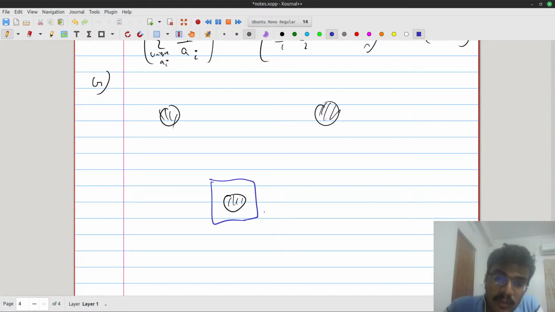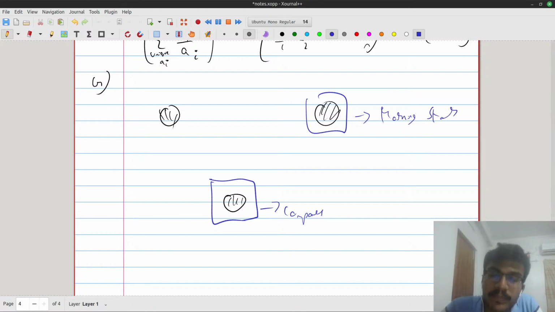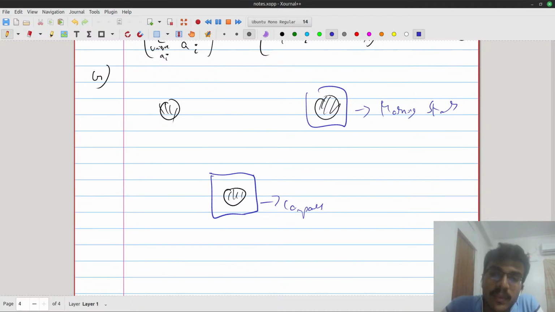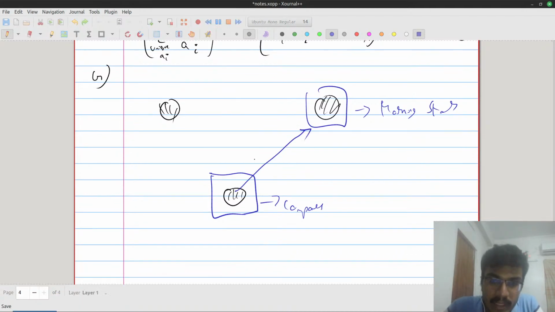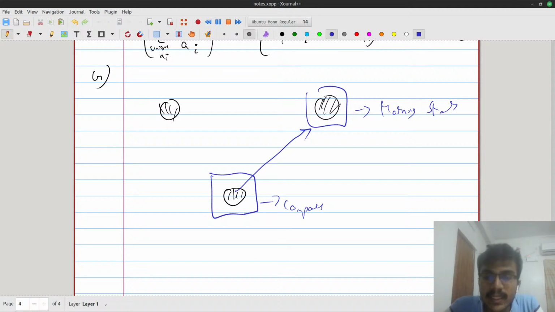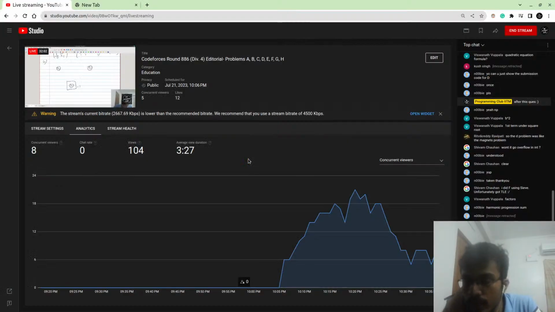So I will choose one of the points to be a compass, and one of the points to be a morning star. The compass points towards the morning star, so it has to point to one of the 8 cardinal directions. It can't point anywhere else. Am I being clear in that?